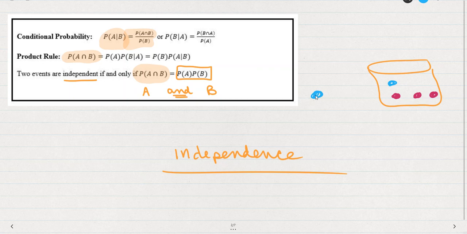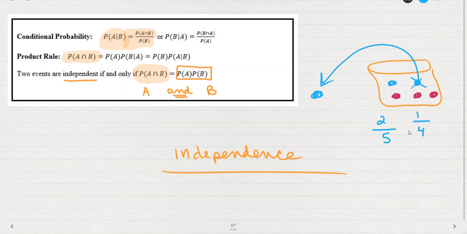When you reach back in, the probability of getting blue is now 1 in 4. Now, when that blue marble was there, it was 2 in 5, right? But when we remove 1, it comes out, then the probability of getting that second blue marble changes.